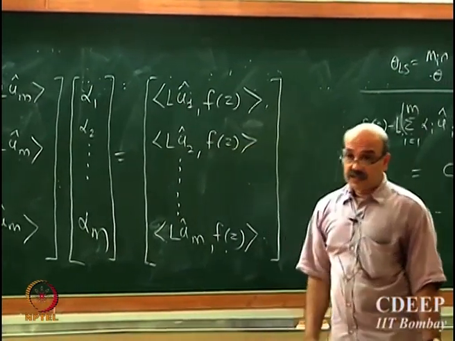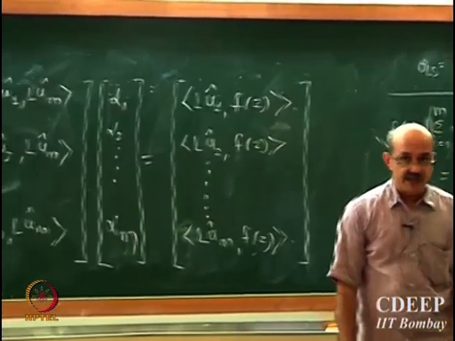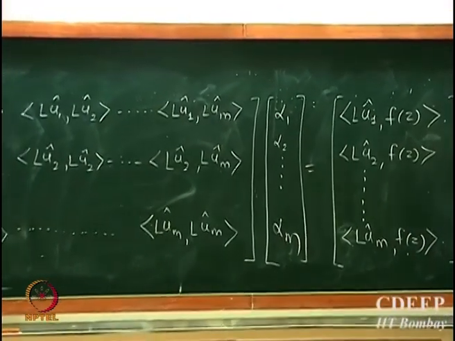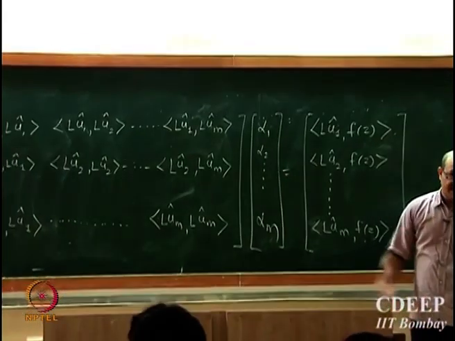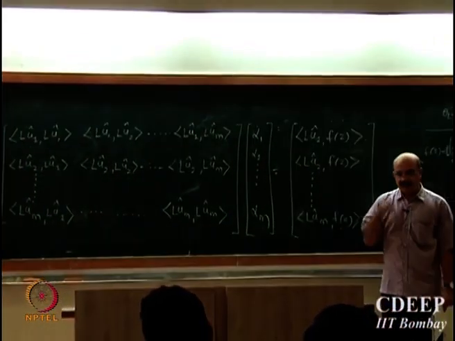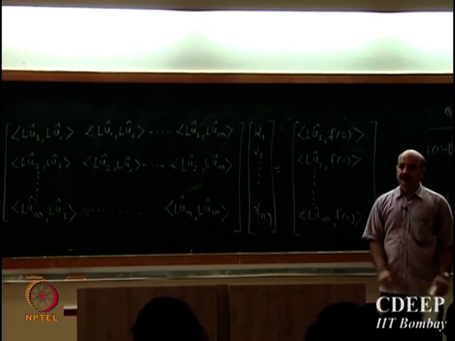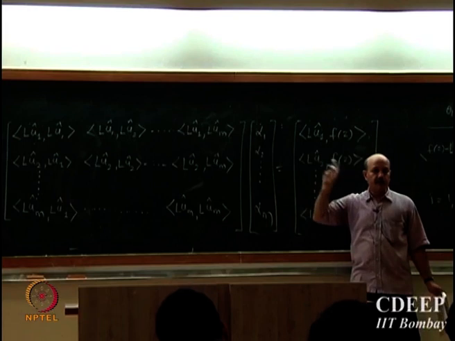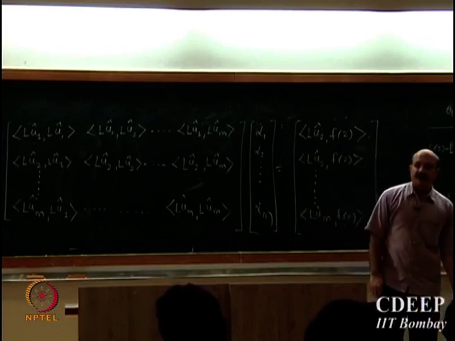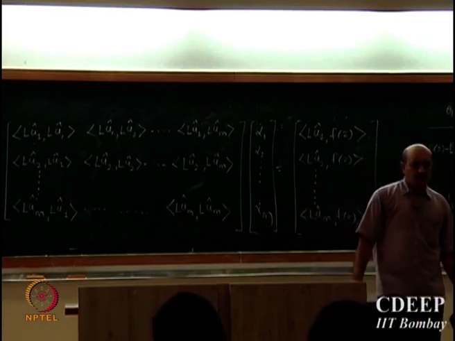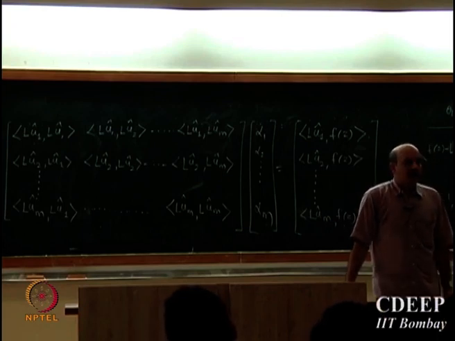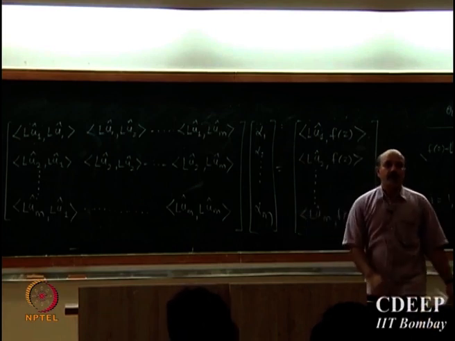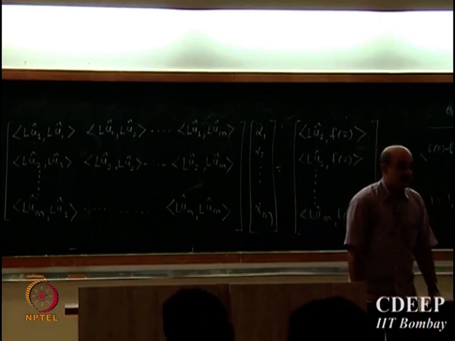If you differentiate and take the trouble of rearranging all the equations and putting them together, you will get this equation, which looks very similar to the normal equation, except that the operator L is operating on each one of the basis functions we have chosen. If I solve this, I'll get alpha 1, alpha 2, alpha 3, up to alpha m. I am getting an approximate solution in the least square sense.